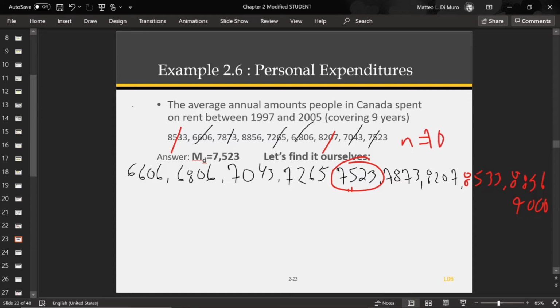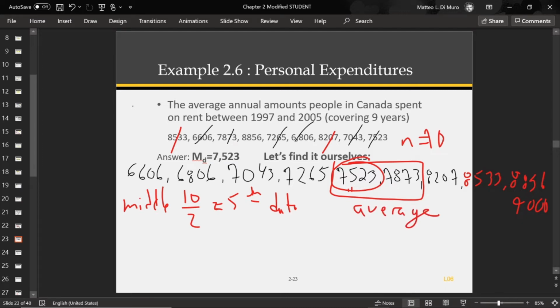So now we have 10 data points, so n is 10. Find the middle. The middle is 10 divided by 2, and that's the 5th data point. But remember, the 5th one, which is the one that we've circled, is not the true middle. You have 4 numbers to the left, and 1, 2, 3, 4, 5 to the right. So we're going to have to average the middle two. We take 7,523 and add it to 7,873.